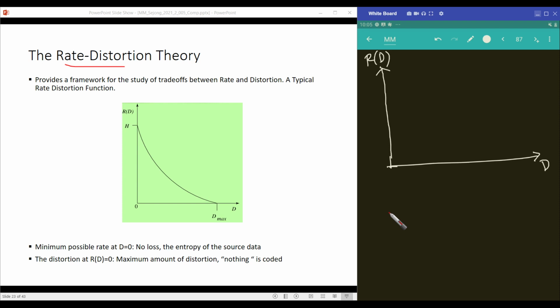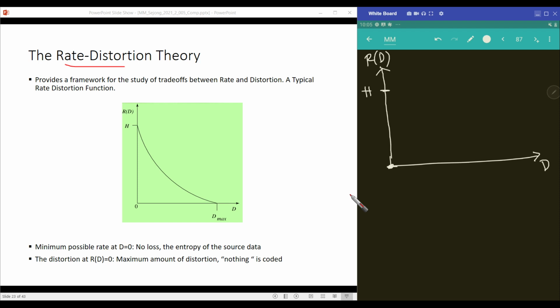That is basically R, the rate as a function of D, R(D). Now what is the information rate when there is no distortion? What is the information rate you can achieve? Let's say that is H.